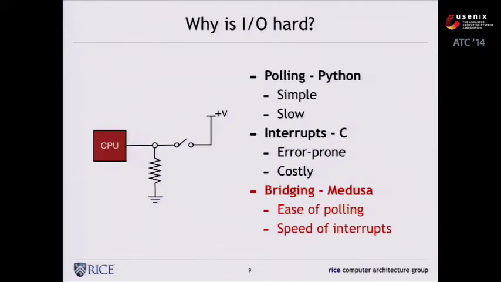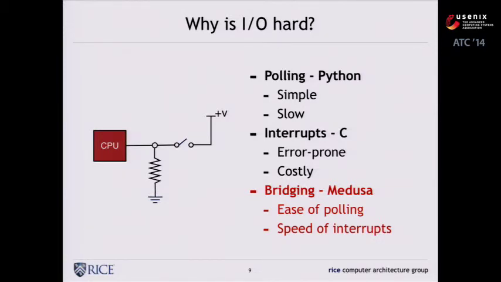So why is this such a difficult problem? Well, the current techniques that people use in imperative programming languages are really inadequate for dealing with concurrent I/O. The simplest thing, and the thing everybody does, like on Arduinos, is to poll a device.